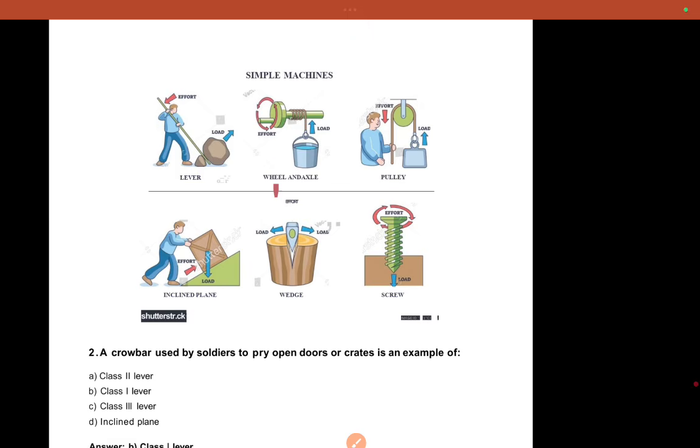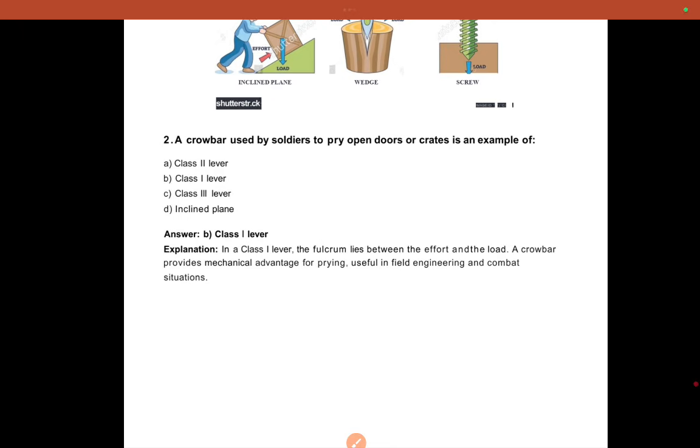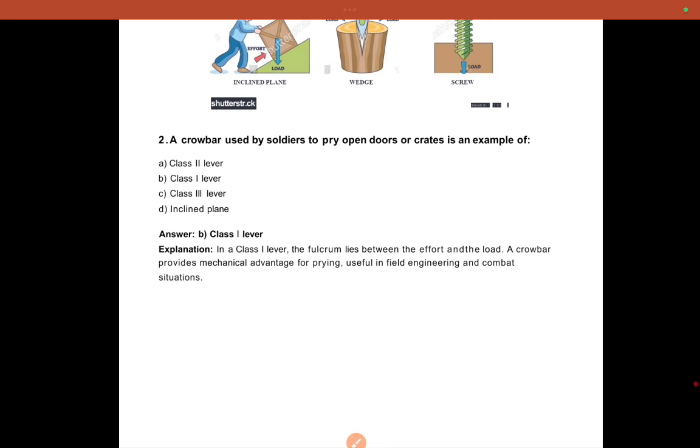Okay, coming to the second question, the crowbar used by a soldier to pry open doors or crates is an example of. So here, what is that one? Crowbar is an example of a class 1 lever. How? Just look here.